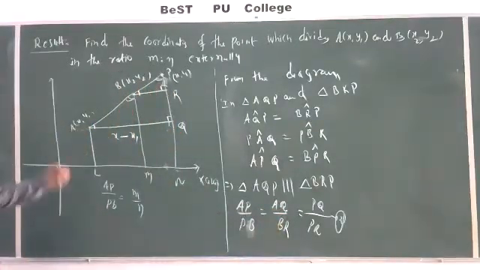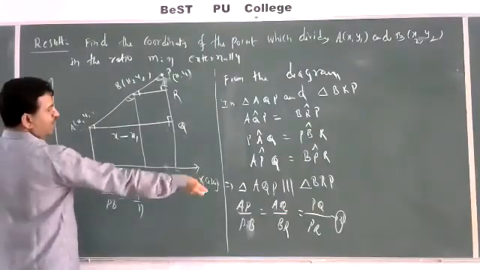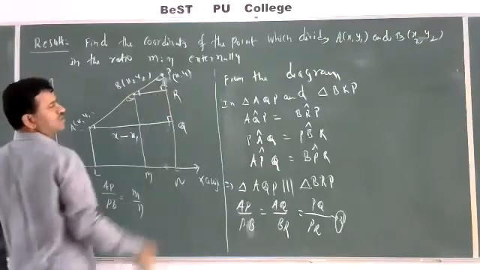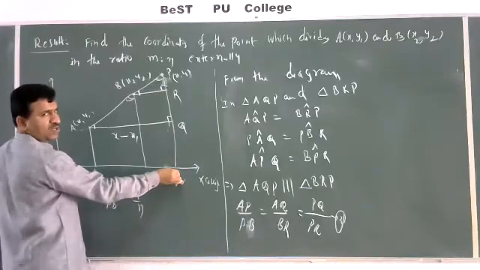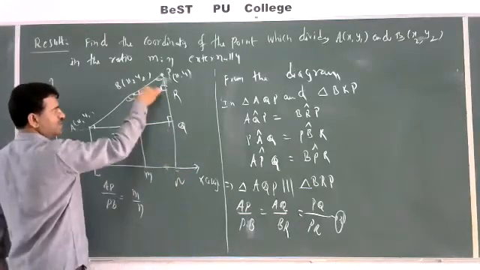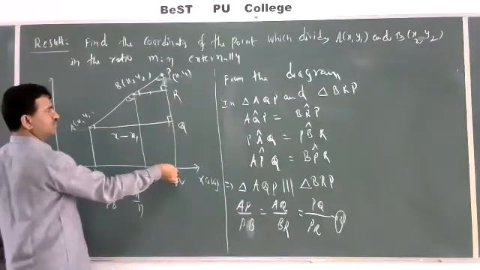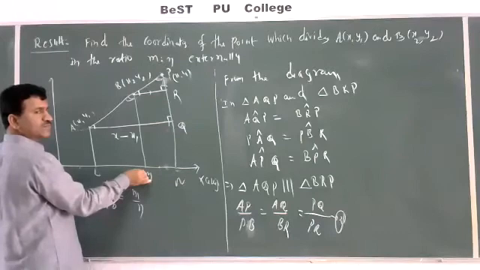Next, BR value. See this value, BR is equal to, that is nothing but MN. Coming to the x-axis, BR is equal to MN. MN is nothing but ON minus OM.